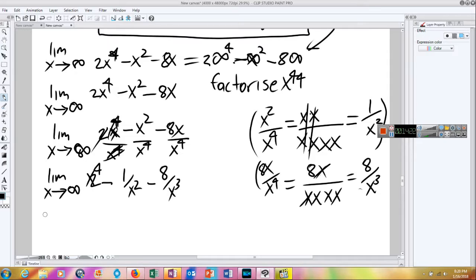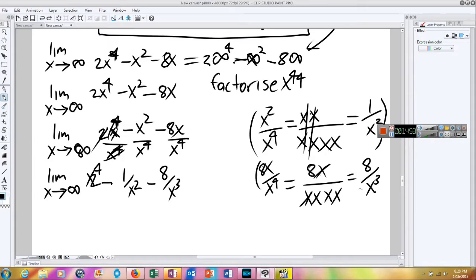So now we can substitute infinity into the equation by saying infinity minus 1 over infinity... let's not do it that way. Let's factor x to the fourth power out of this equation.